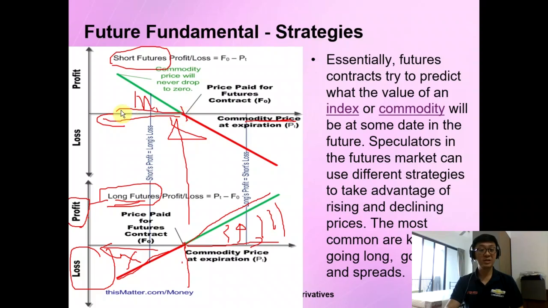When the market price is dropping, the market sentiment is dropping, that's where they have profits. So when you short something, you think the price is going down. That's why you see all this payoff graph. So the future and the forward, the payoff chart is the same.